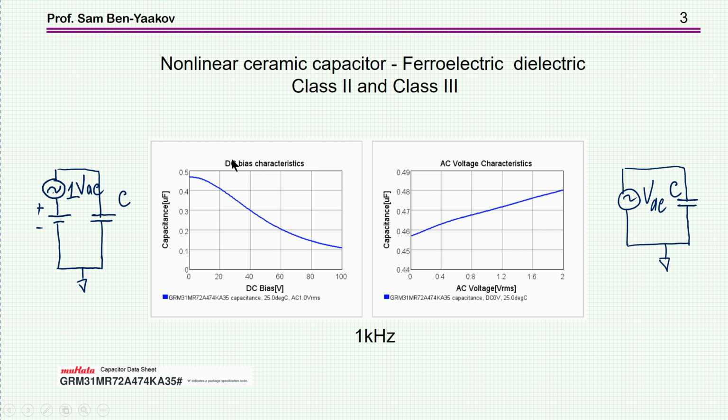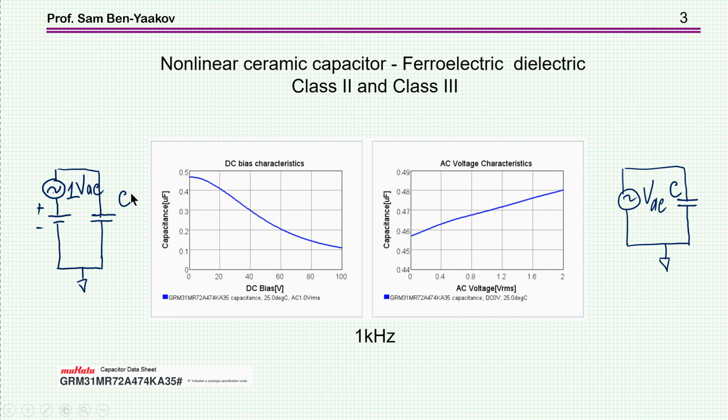We see here capacitance as a function of DC bias, and in this case the information is obtained by this set of measurements in which we have a voltage source in series with an AC excitation. It is 1 volt AC, volt RMS.